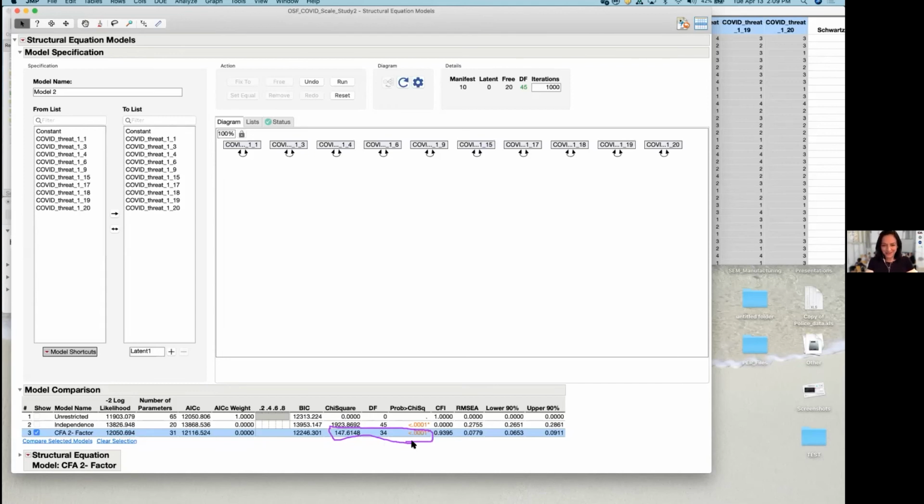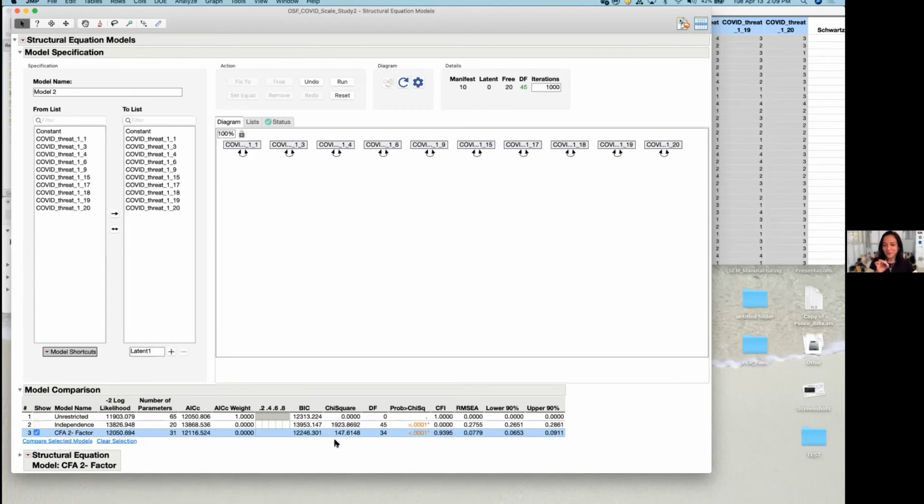The thing about chi-squares is that they are going to be influenced by the sample size. And again, a lot of simulation work has shown that once you go above 200 or 300 observations, in our case, we have 550, nearly every model is going to have a significant chi-square. So we no longer can rely on the chi-square.